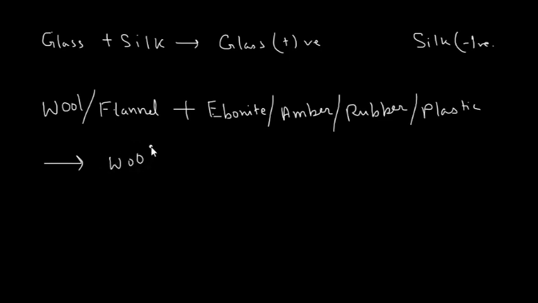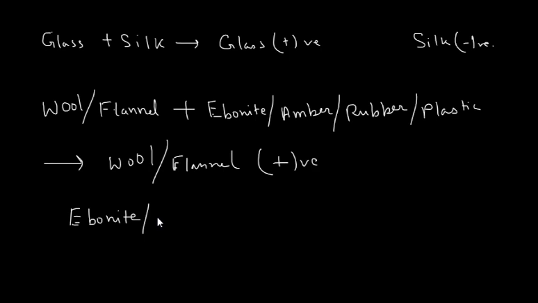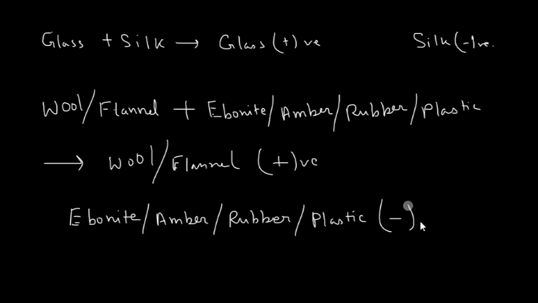Wool or flannel becomes positively charged, and ebonite, amber, rubber, plastic, everything becomes negative.